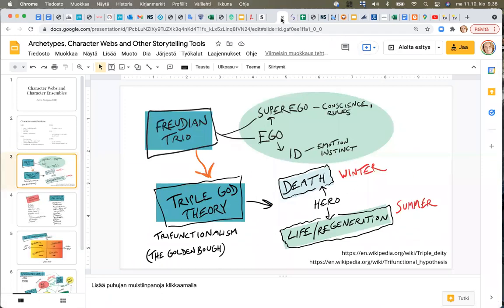Then there are other ways of thinking of the trio, like the triple god theory and trifunctionalism. There are many kinds of triple deities, and you can read it here in the Wikipedia link. The ancient Egyptians had lots of triples of gods in their pantheon, and they loved making these different sorts of combinations.